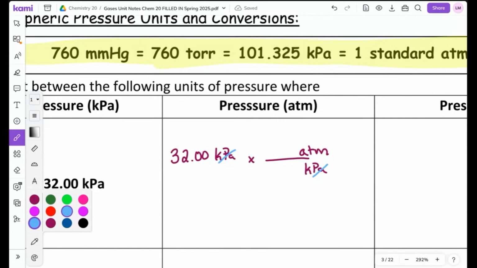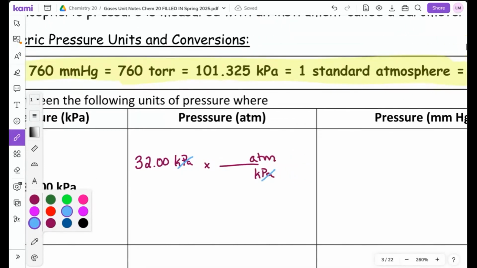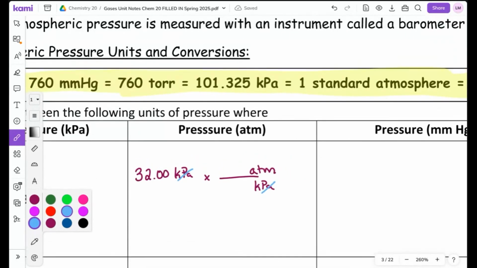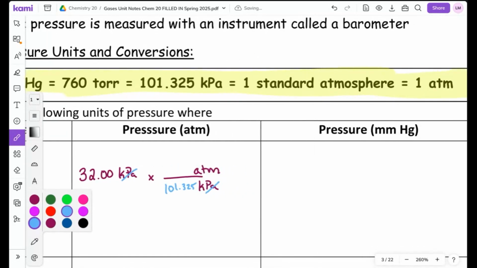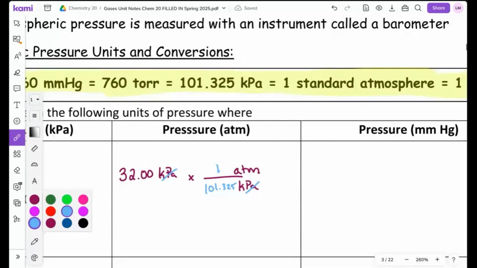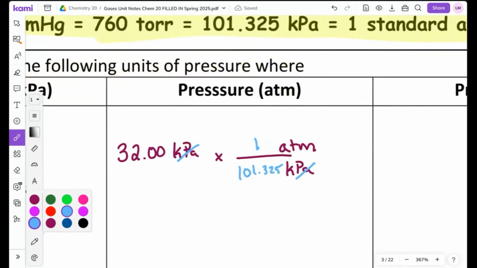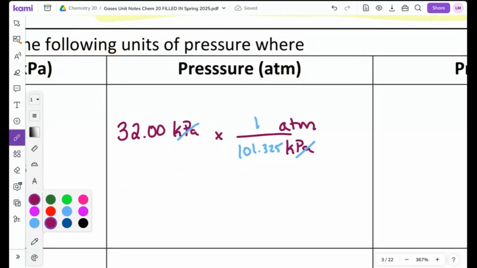At this point, all we need to do is fill in the numbers here. 101.325, which I'm getting from the conversion line here, is equal to 1 atmosphere, so I'm going to put 1. Now what I need to do is take 32 times 1 divided by 101.325.